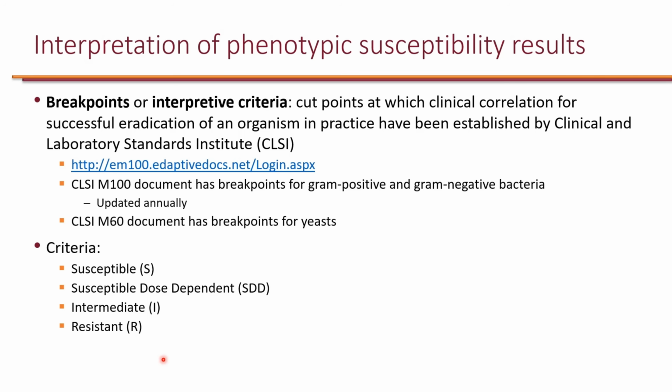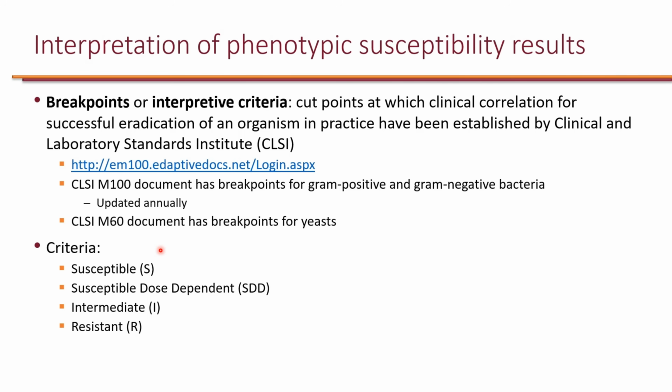So, it has to do with the dosing of antibiotics that are safe. Would we be able to achieve that concentration in the patient's body? So in order to interpret those MICs and see if it's feasible to use that antibiotic, there are criteria. So, just knowing the MIC doesn't really tell you whether you can use it or not until you interpret it.